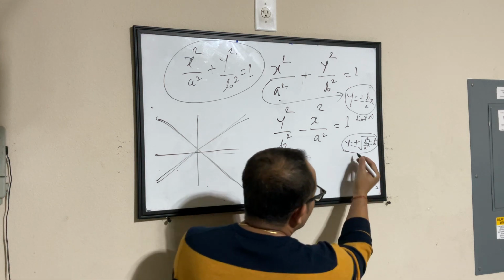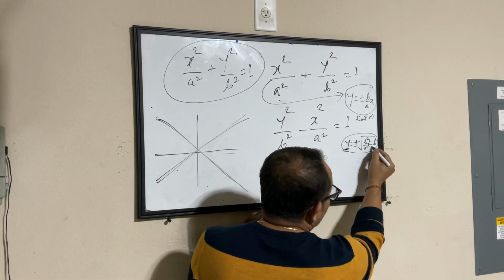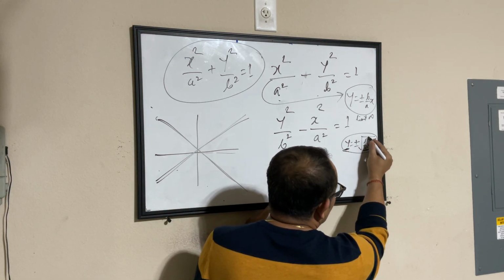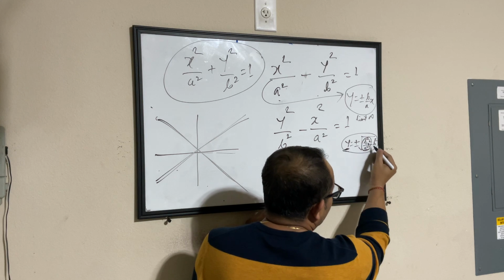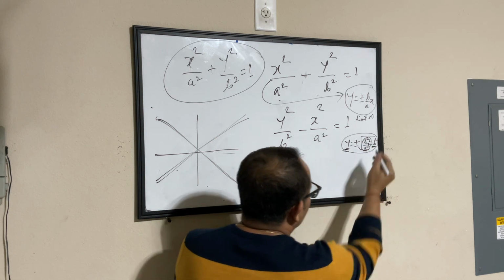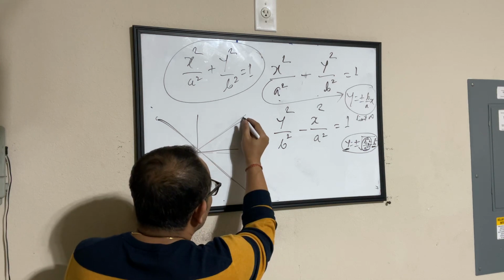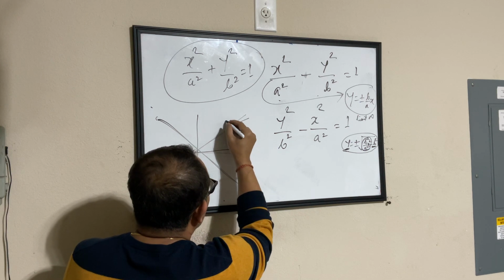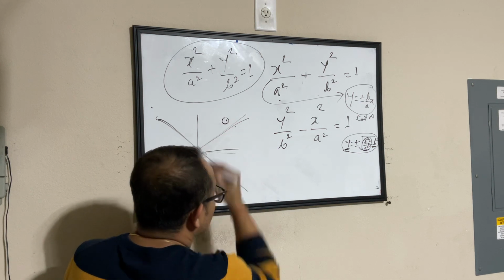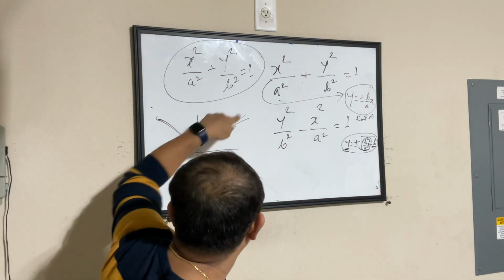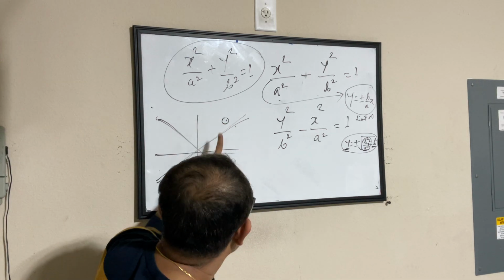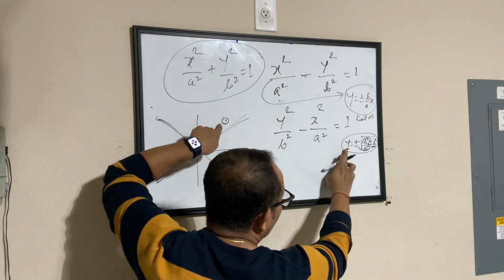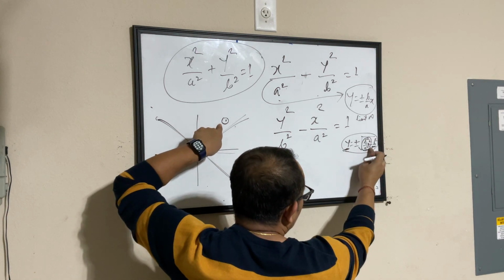Now here we saw that this value of y is slope times x minus some value, meaning y has to be less than this value. If you pick up a point here, let's say my hyperbola is in this place, that cannot be possible because your y value has to be slope multiplied by x.